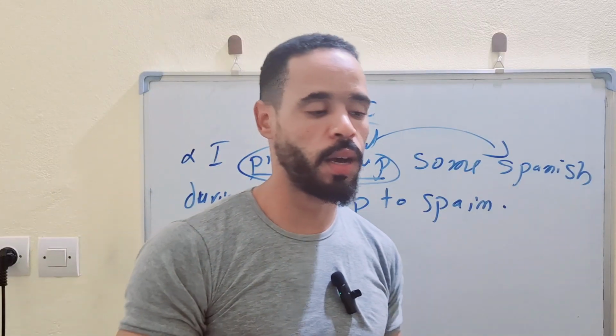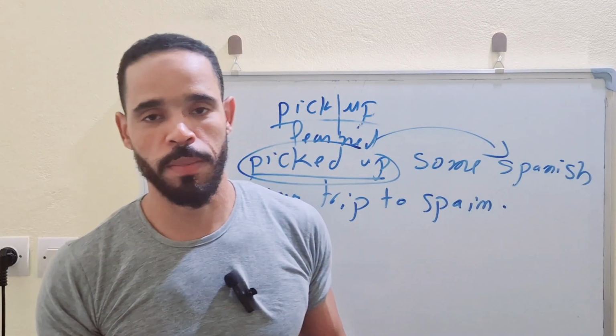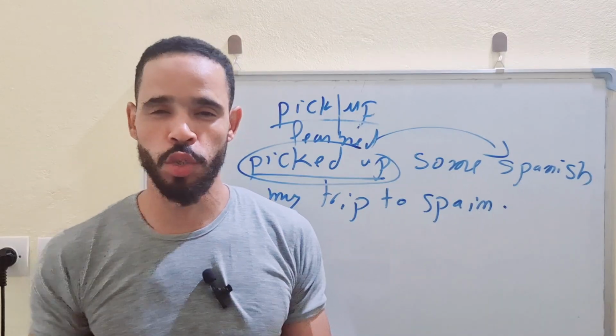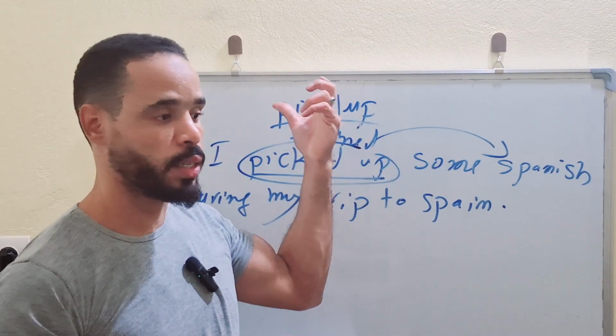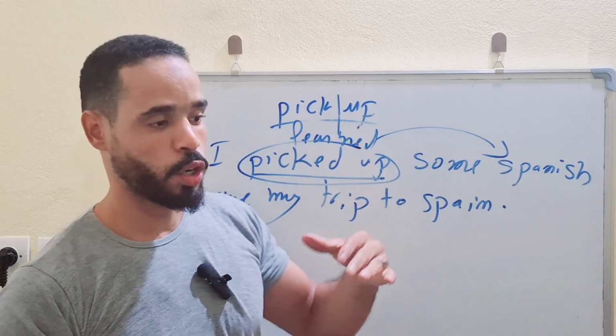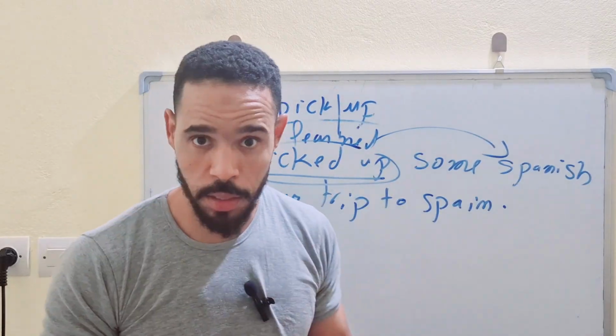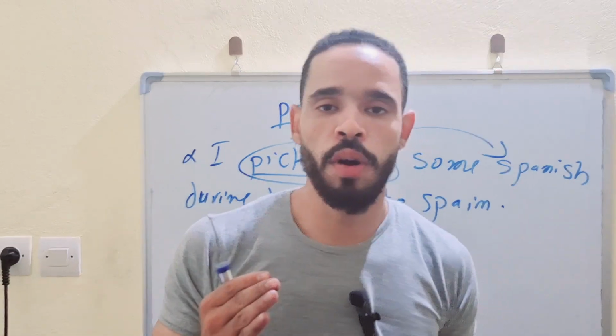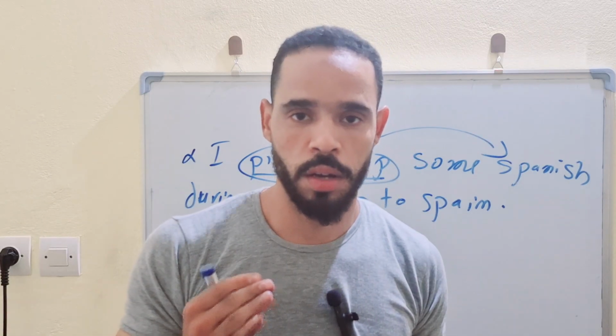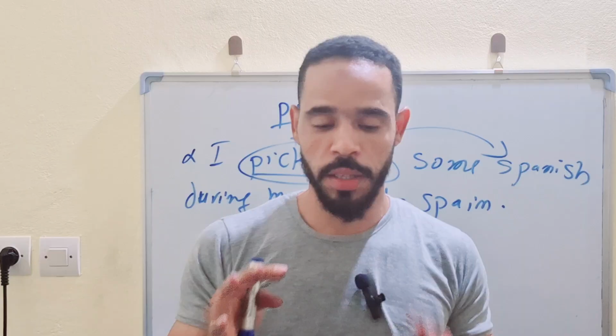Okay, you see how the meaning changes from one situation to another. The same vocabulary, the same verb, but with different meanings. This means that the context has a lot of control over the meaning.